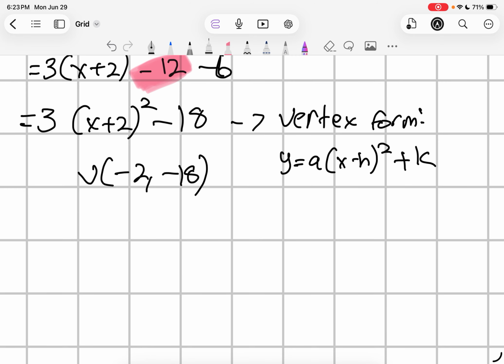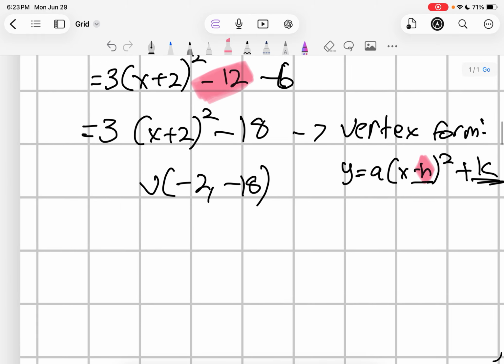That's what you're doing. Vertex form gives you 3 things instantly: the h and the k, the axis of symmetry, which is the h value, and because the coefficient of the bracket is positive, in this case the 3, it tells you which direction the parabola opens.